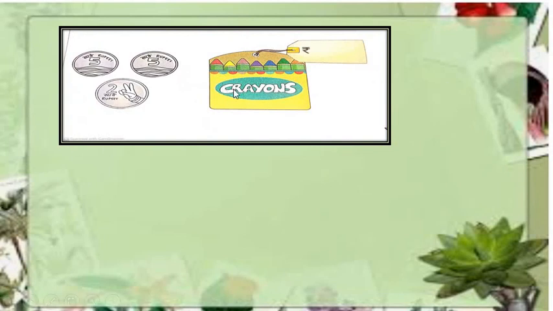Now we have a box of crayons. Here also we have an empty tag where we have to write the price. We have 2 5 rupee coins and 1 2 rupee coin.